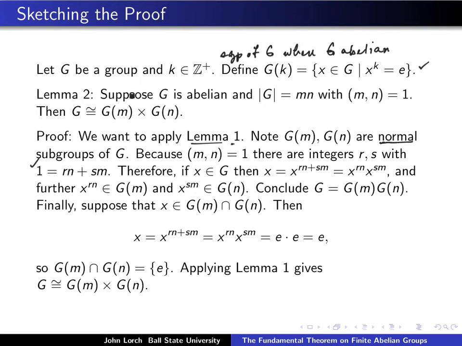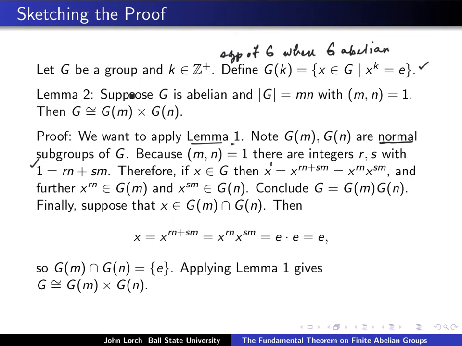And that means if you select anything in G whatsoever, say x, you can write it as x to the first, but 1 is rn plus sm, and then you can rewrite it as x to the rn times x to the sm.